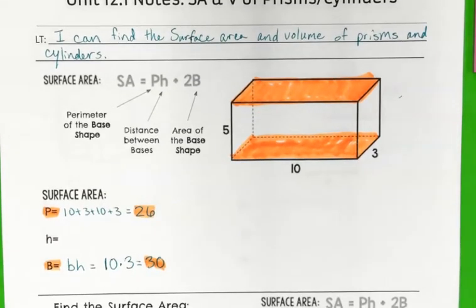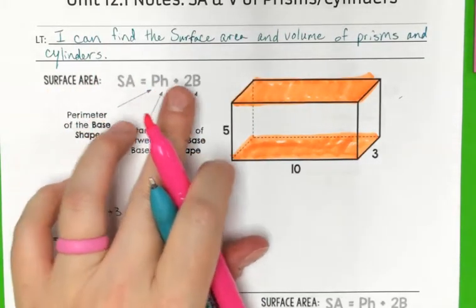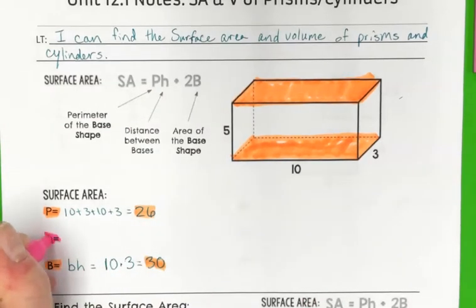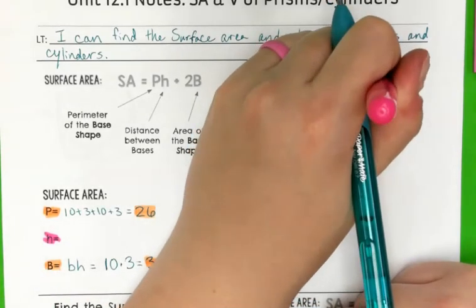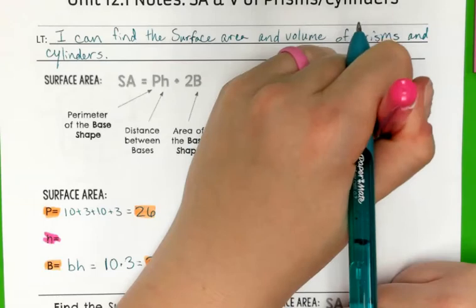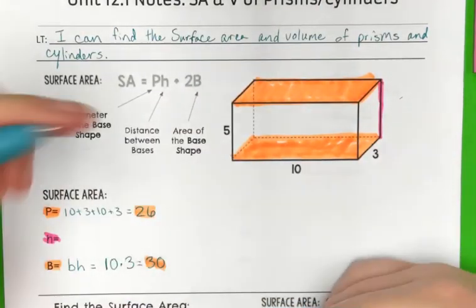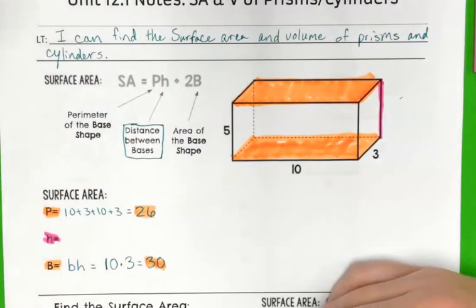Now I'm going to take my other highlighter, and notice here we've got a capital P, we've got a capital B, and we also have an H, which will stand for the height of our prism. All right, so I'm going to highlight my H in my other color. I have pink. And then the important thing about your height is right here, and I'm going to go ahead and box this because it is important.